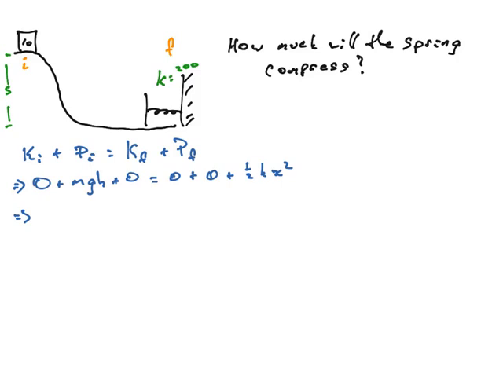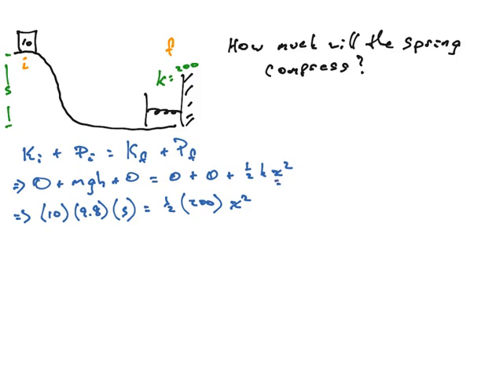Now all I have to do is plug my numbers in. Is there anything I could cancel? No, there's nothing that's the same for both terms, so I just have to stick everything in. The mass of the block, 10 kilograms, 9.8. The height, 5 meters above the ground. The other side, 1/2 k, spring constant is 200, x squared, where x is how far the spring compresses.